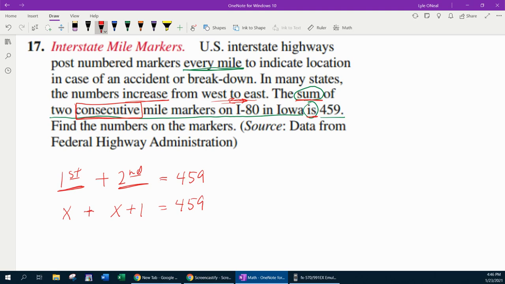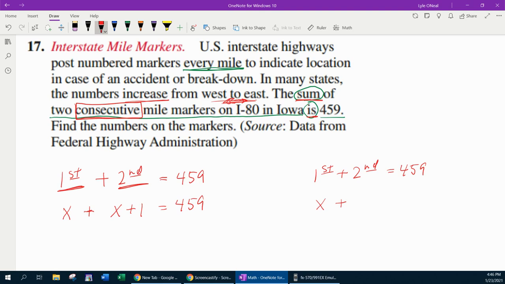Now, let's play the what if game. And let's say, what if we were going east to west? How would that change the way we set up the problem? Well, the first one would still be unknown. I still have no idea what the first one is, but if I'm going from east to west, then the number should decrease.